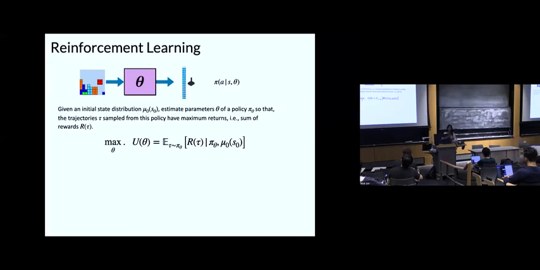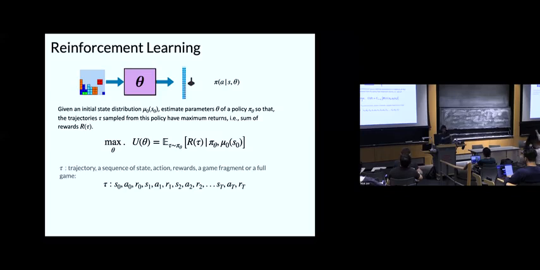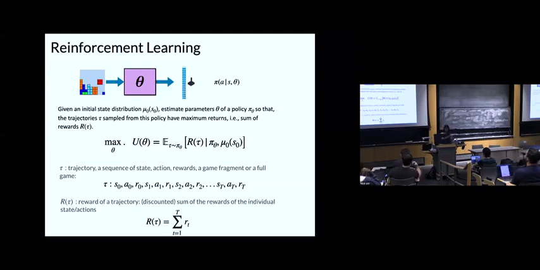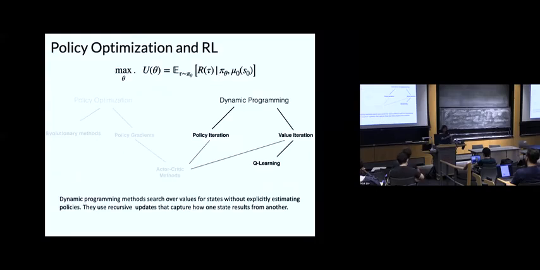The goal is to maximize the expected return of trajectories. We already know what a trajectory is, a sequence of states, actions, and rewards. And the return is the sum of rewards from now till the horizon, or a sum of discounted rewards from now till infinity.